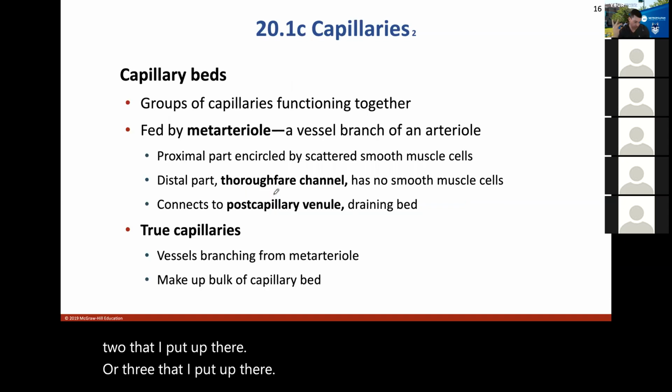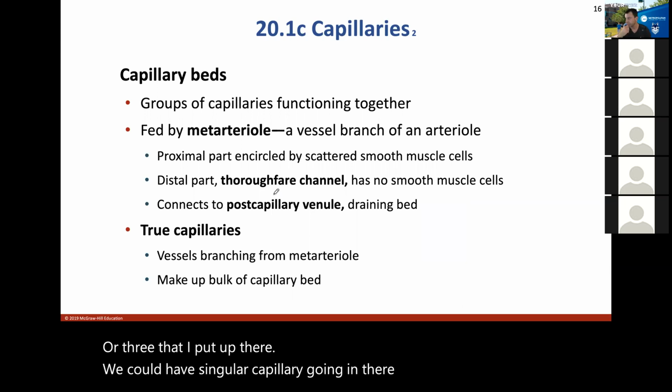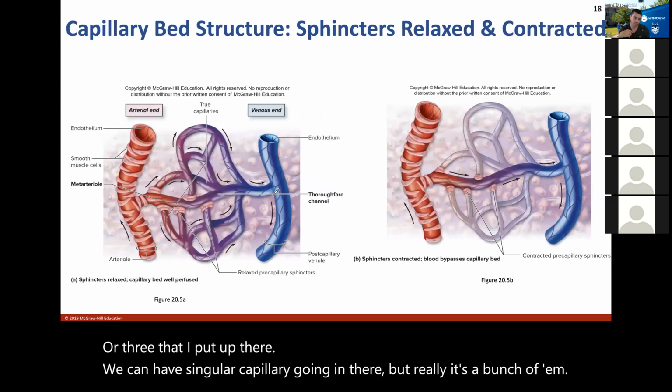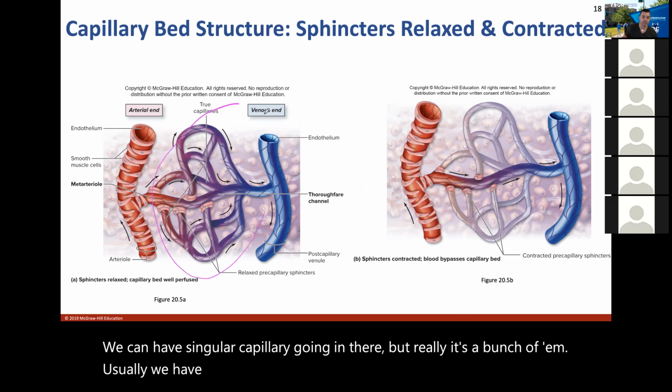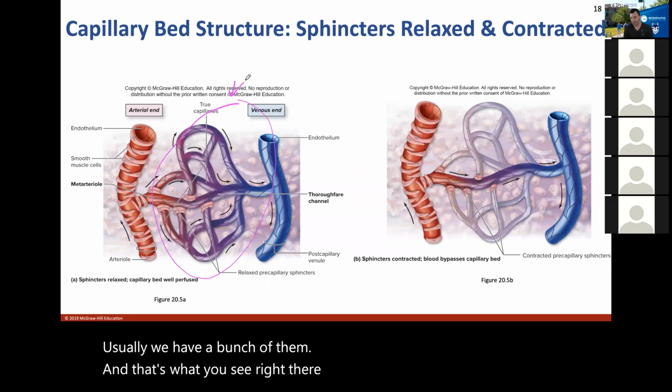We could have a singular capillary going in there, but really it's a bunch of them. Usually we have a bunch of them, and that's what you see right there. Capillary bed.